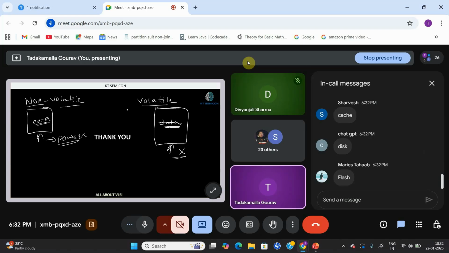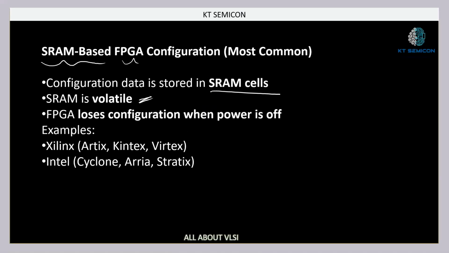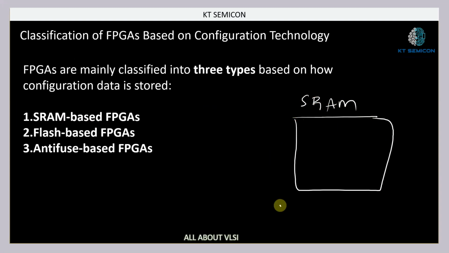Exactly. Yeah. Now, basically, SRAM-based FPGAs are volatile in nature, and the FPGA loses its configuration when the power is turned off. Okay. Let's say you have an SRAM-based FPGA that you have programmed to work as an AHB controller.